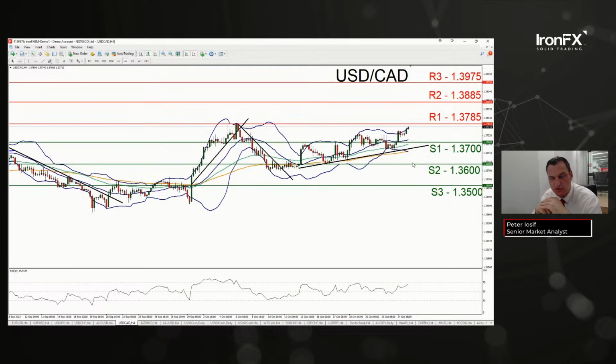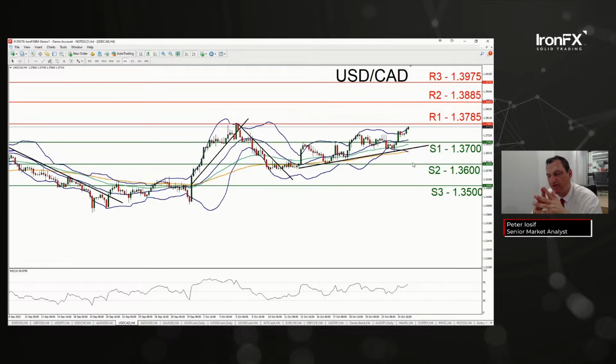On the flip side, should the bank remain on hold, yet the accompanying statement or BOC Governor McClellan's press conference allow for some hawkish elements to be released, that could provide some asymmetric support for the CAD.